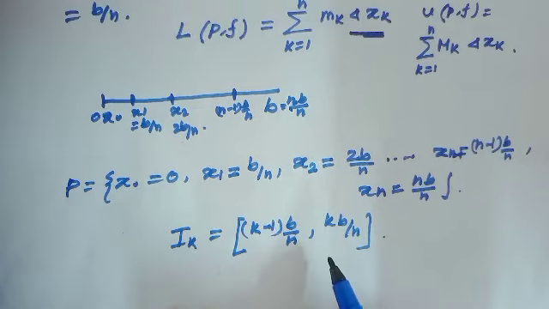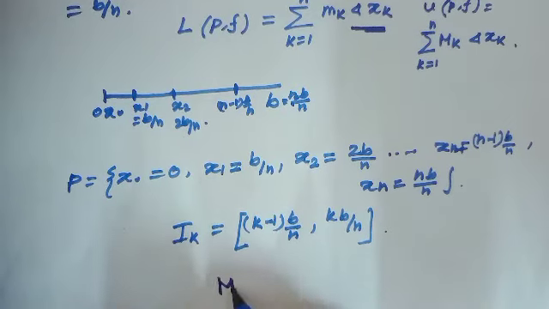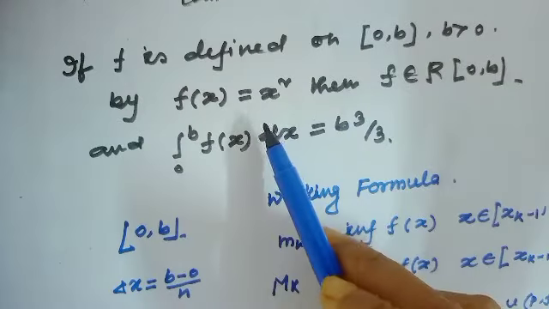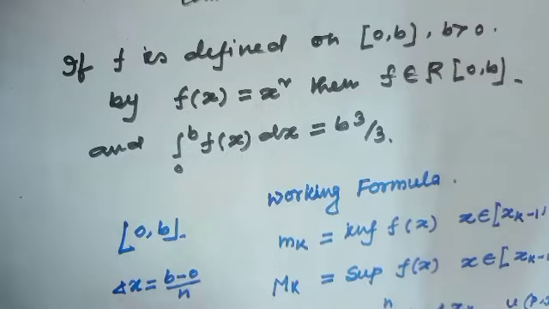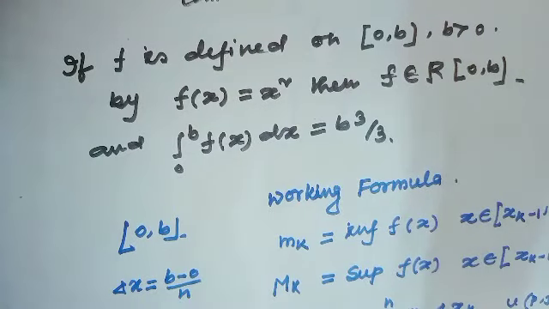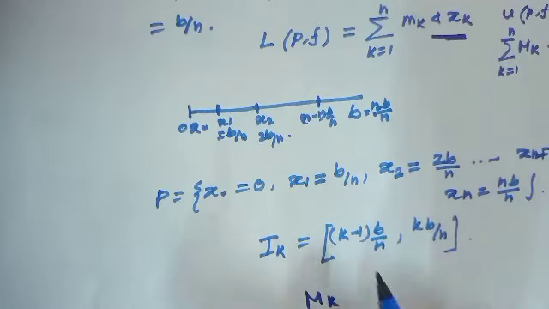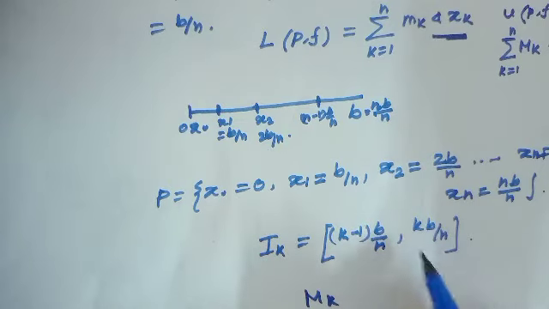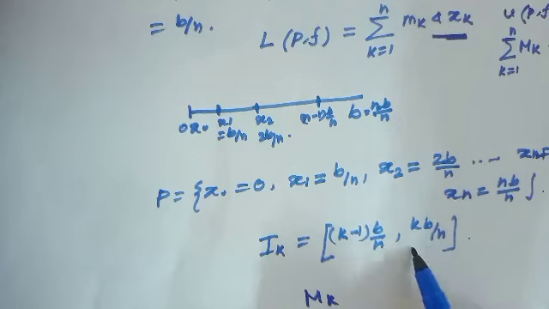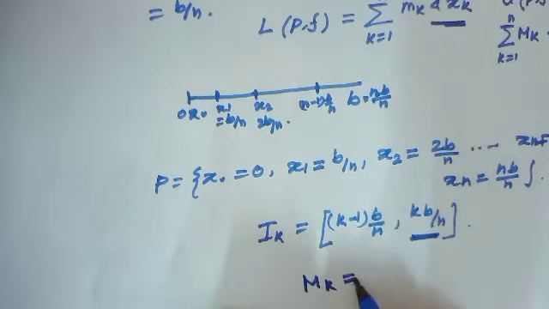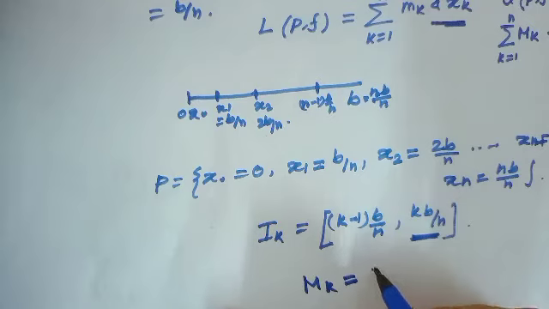Then in this subinterval, at first find the capital Mk and small mk. Since the function f(x) equals x square, if we consider this subinterval, obviously the highest value exists at the end point. So Mk would be (kb over n) whole square.